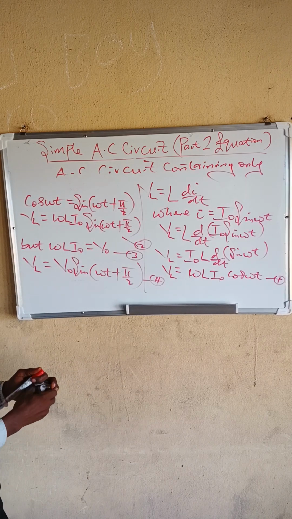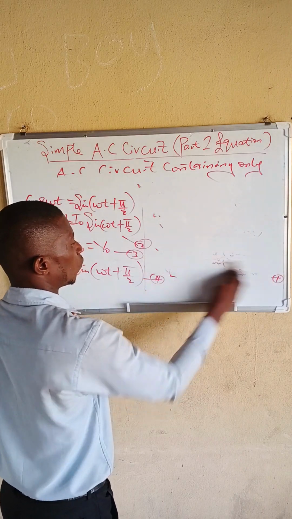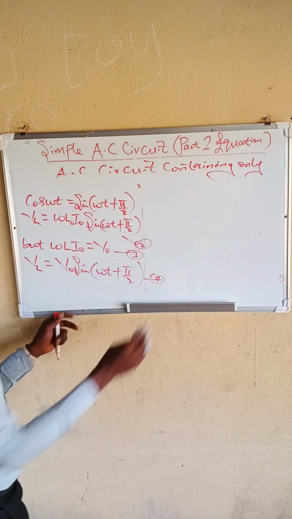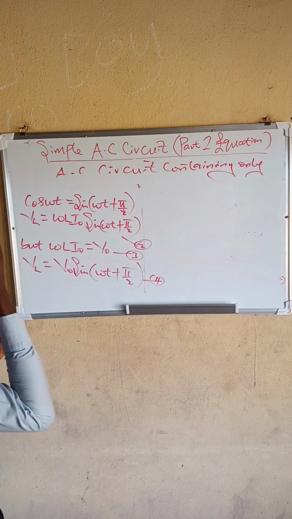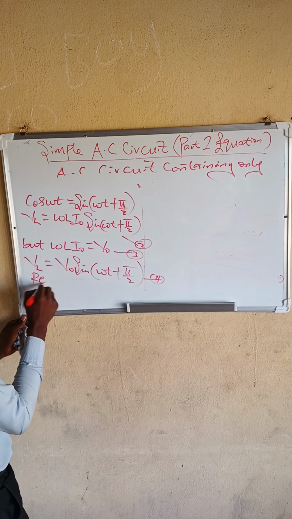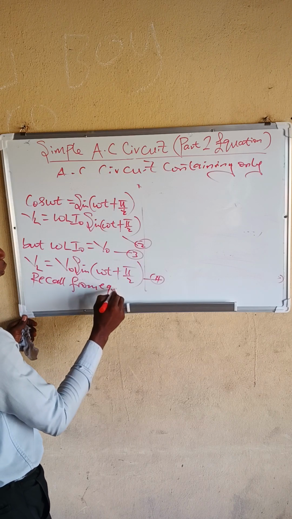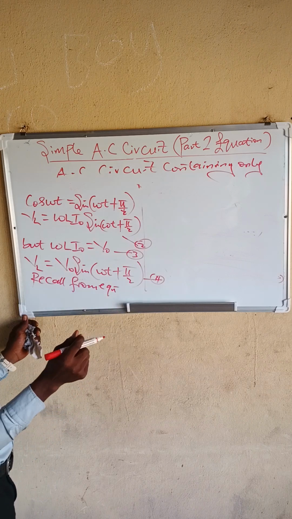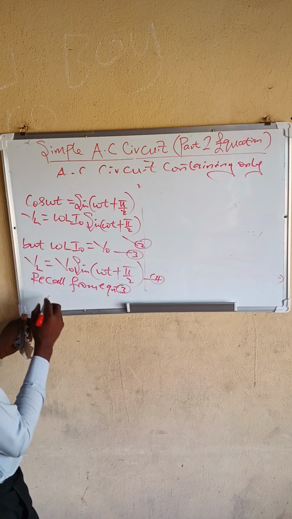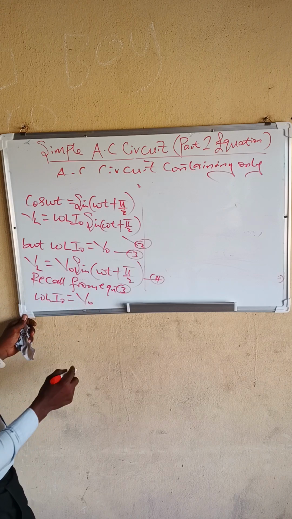Then recall from equation 3 that omega L I naught is equal to V naught.